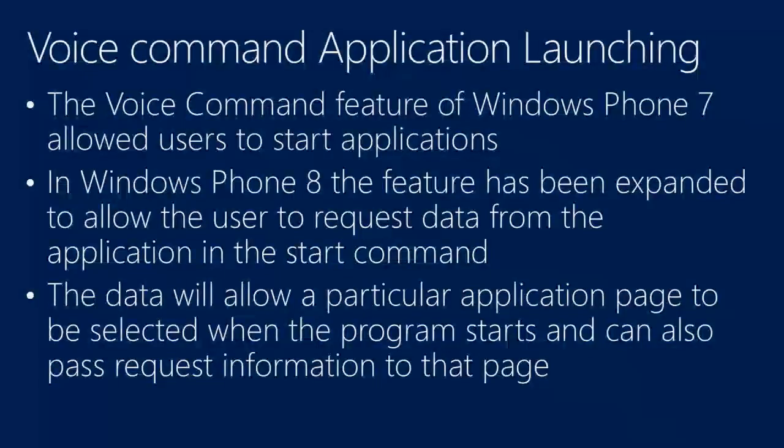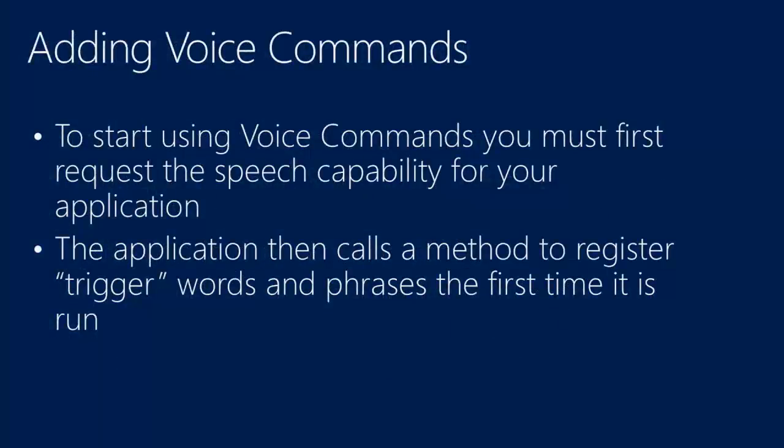So the user can now pass the application parameters into the start command as well. And you can do things like target particular pages in the app, depending on the voice command that's given. And that particular page can get given further parameters to control even more neatly what's going to go on. And so let's have a look at the way you do this.